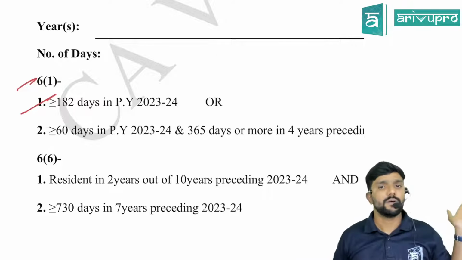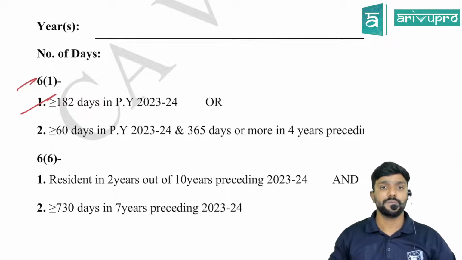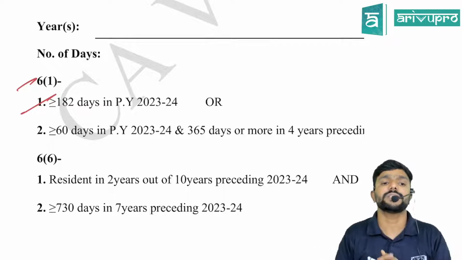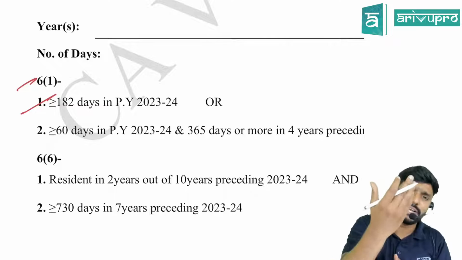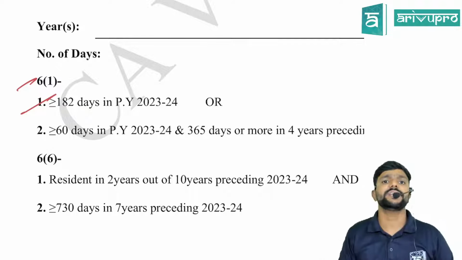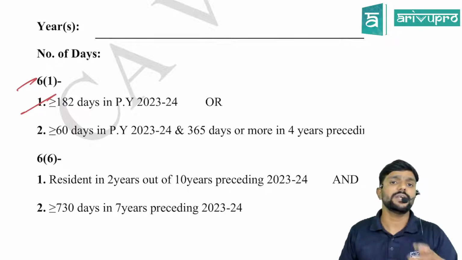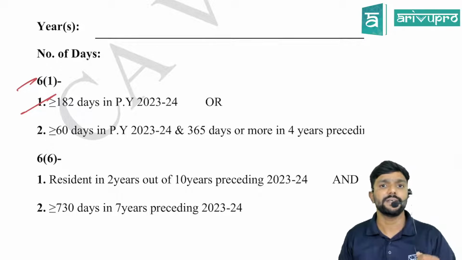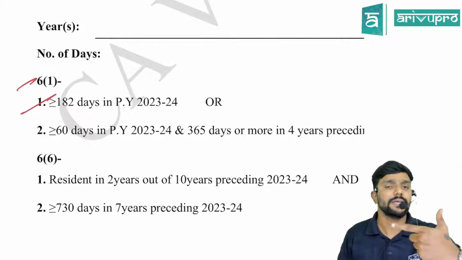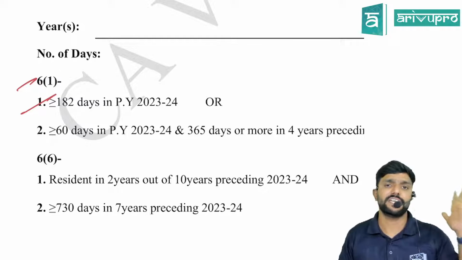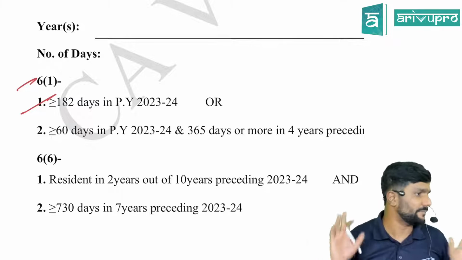Need not. Totally in a year, how many days was that individual in India? They may come to India, they may go outside India. So totally how many days you were in India. And while counting the number of days of stay in India, the date of departure as well as the date of arrival in India are considered fully in India, irrespective of the time.